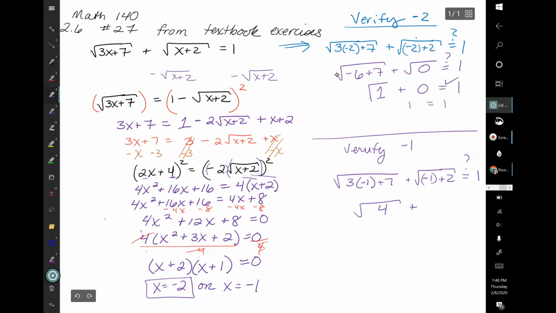Then we have a negative 1 plus 2 under there, which would be square root of positive 1. Does that equal 1? Let's see. Square root of 4 is 2. And then we have square root of 1 is 1. Does that equal 1? No, because 3 does not equal 1. So the negative 1 is extraneous. So we only have one final answer on this one.